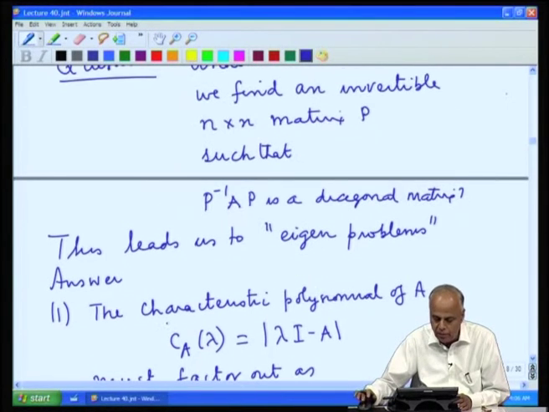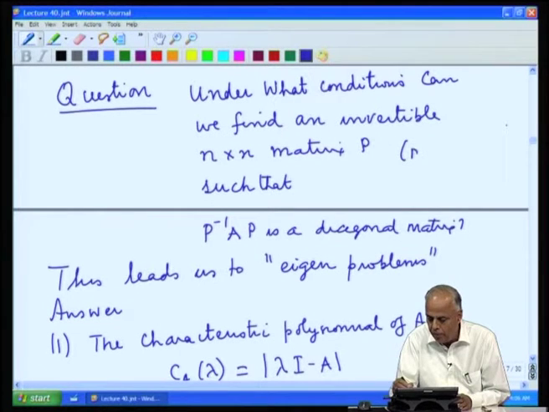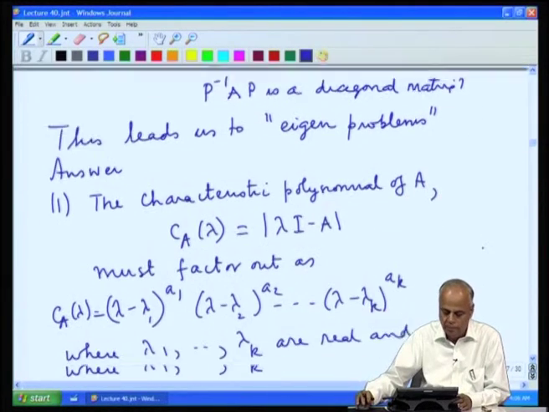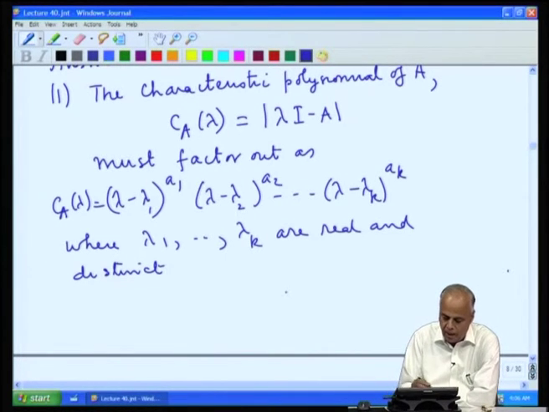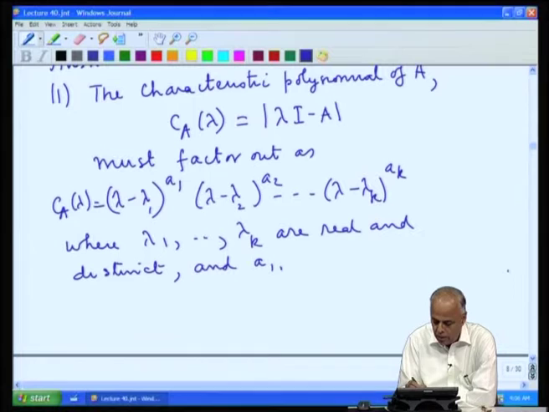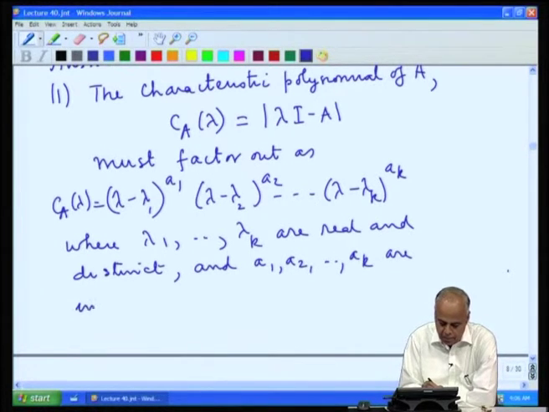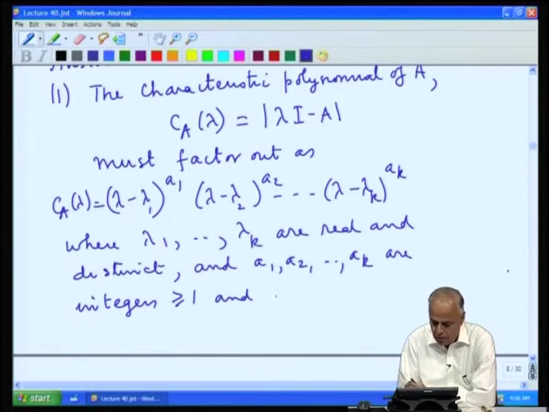Recall that we are asking for a matrix P. Since we are working with reals, we always think of a real matrix P. So, all of lambda 1, lambda 2, up to lambda k we are seeking as real and distinct, and a 1, a 2, up to a k are integers greater than or equal to 1, such that a 1 plus a 2 plus up to a k equals n.